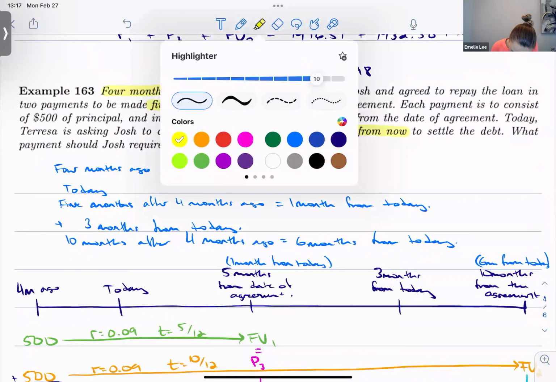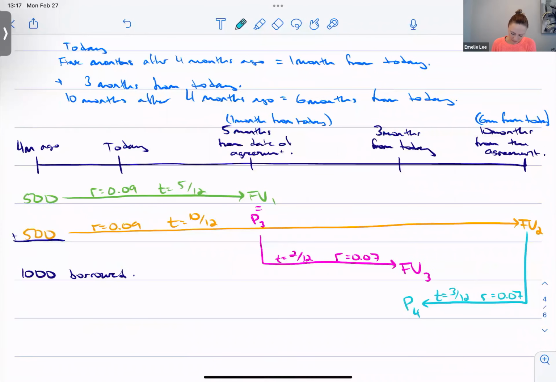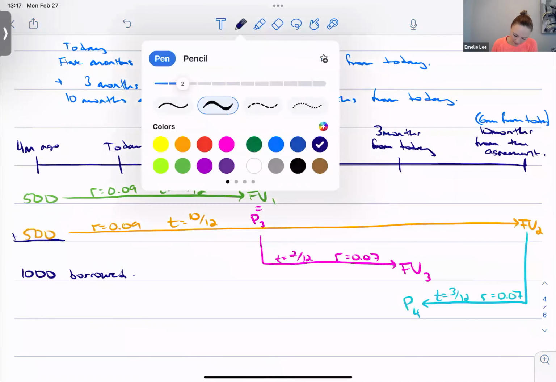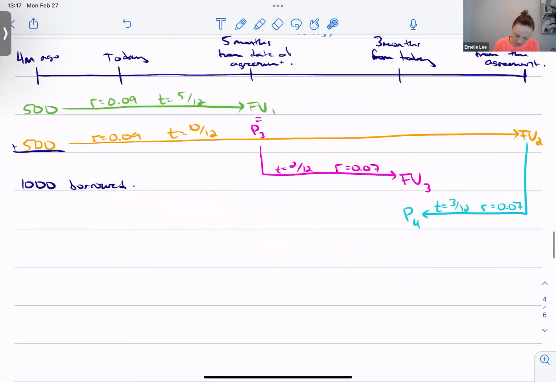Looks a little dark actually here. There. Okay. So then this future value 3 and present value 4, once I add those up, that's the amount of the single payment that she needs to pay.